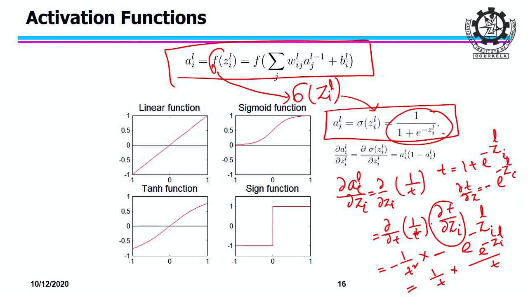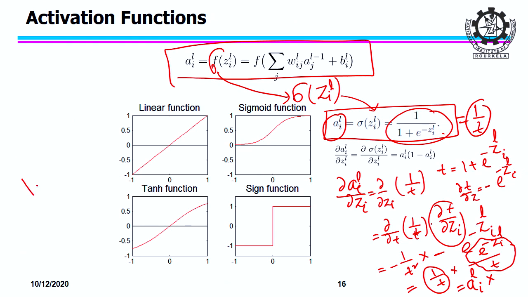Now, we consider this as t. So, 1 by t is nothing but A I L, right. Therefore, I replace its value here. I am concentrating only on this part. I can write 1 by t equal to A I L into this part. So, what is this part?